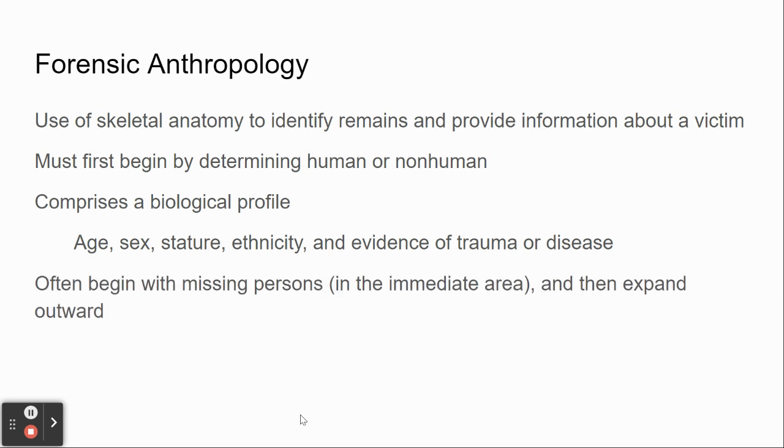Now, oftentimes these forensic anthropologists, in the case of finding some bones that are in fact human, what they will oftentimes do is begin with persons that are missing from that immediate area, because what that does is give you kind of a starting point.